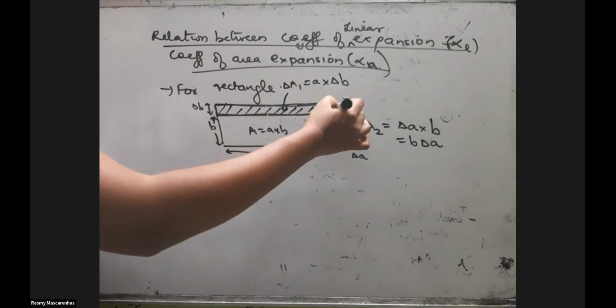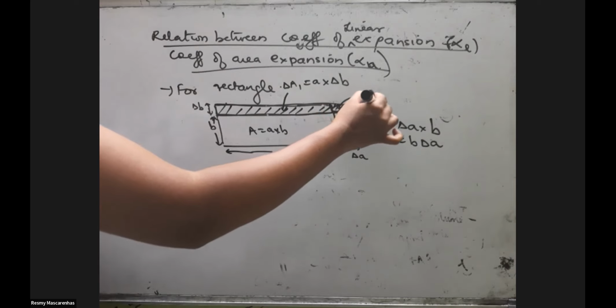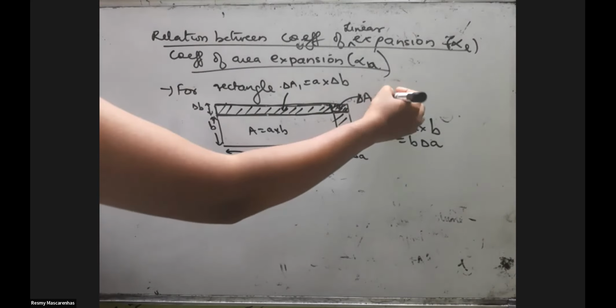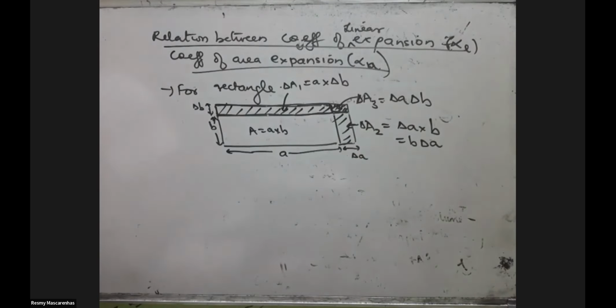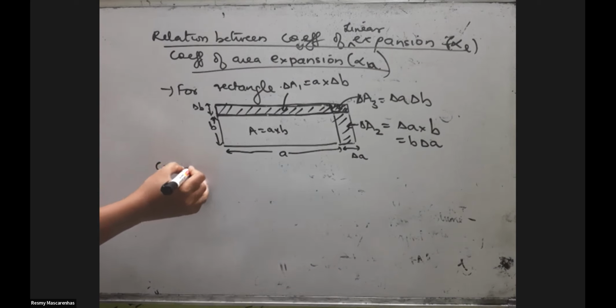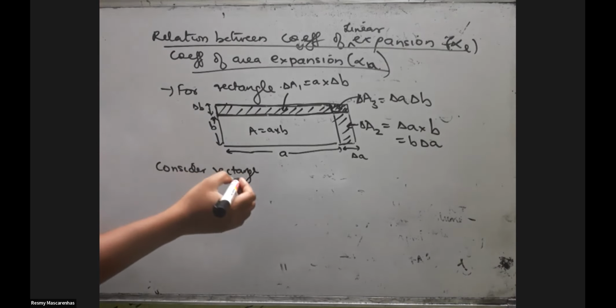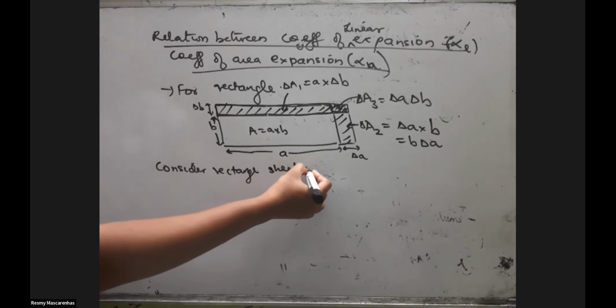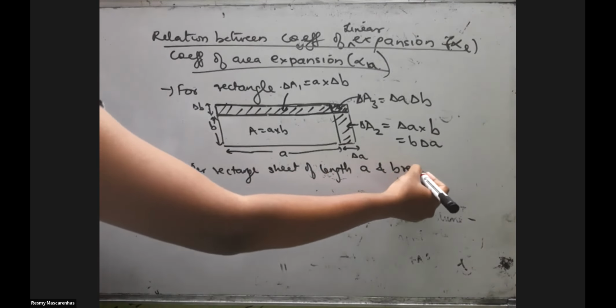And this third small piece, delta A3, I can write: its length is delta A and breadth is delta B. So just write, consider a rectangle of length A and breadth B.